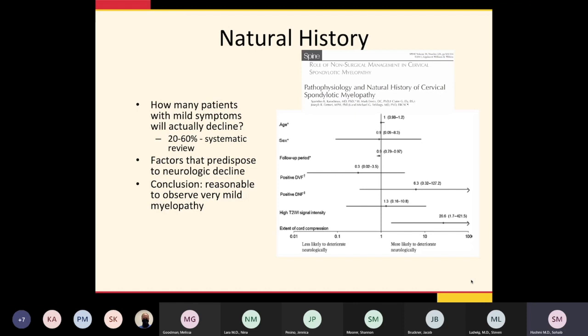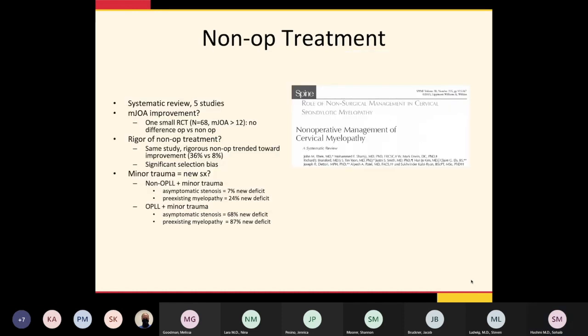And really, in terms of its impact, this natural history study showed that most patients with mild myelopathy can be safely observed and have clinical follow-up every 3 to 6 months for progression of symptoms and weakness. So non-operative treatment is an option for patients with mild or even moderate myelopathy that is stable.